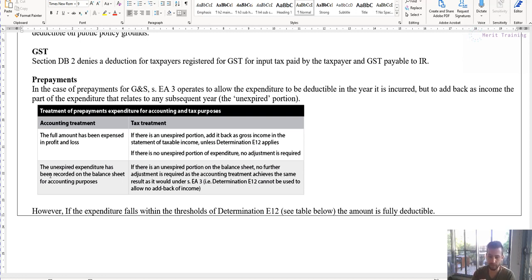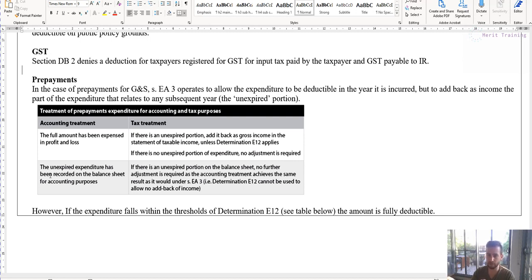So for example, let's say you're paying for a 24-month subscription for a newspaper or whatever it is. Yes, under a cash basis, you'd get the deduction up front, but per prepayments, especially for an accruals basis, you only get the deduction when it's incurred, not when you pay the cash. So if it's over 24 months, that means only half of that is in relation to the current year, assuming you bought it on the first day of the income year, and the rest of it goes into the next year.